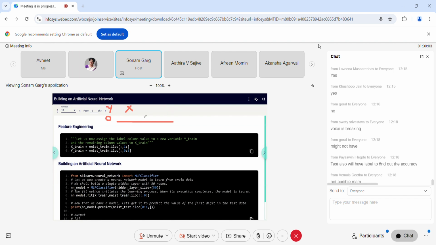Training data set, when we are trying to train our data, this 28 cross 28 pixel intensity information will be stored from column number 1 till the 784th column. And my column 0 contains my y values, that is labels 1, 2, 4 we have seen.